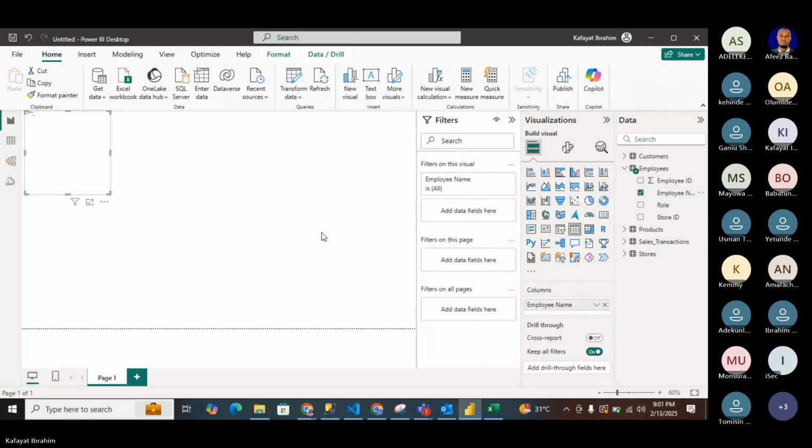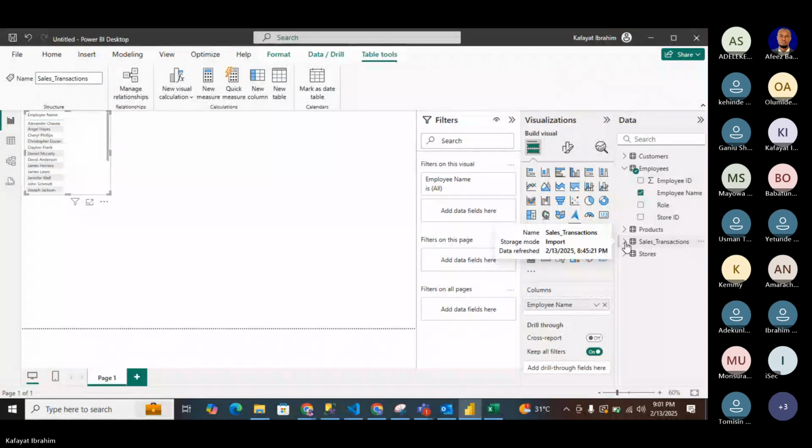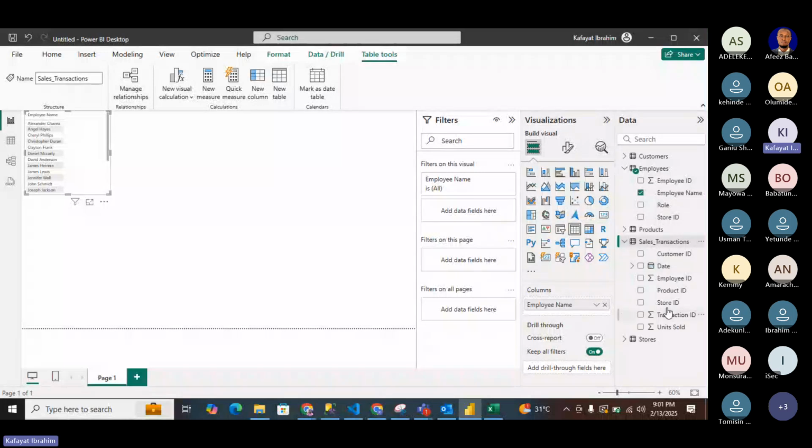Yes, employee name. And then I have what? Then I have units, products ID, units.